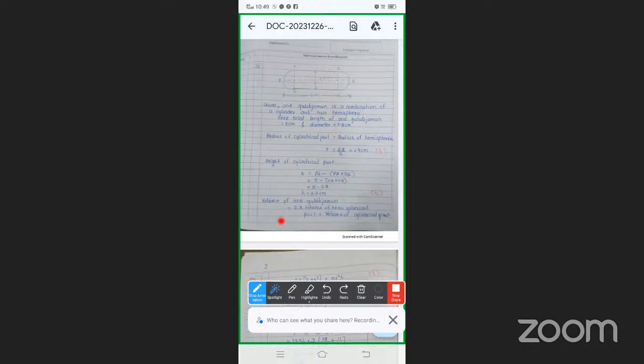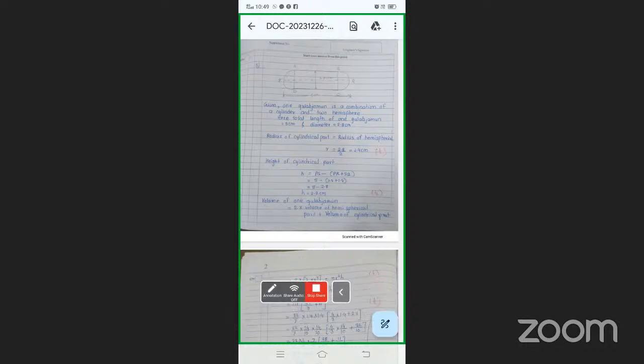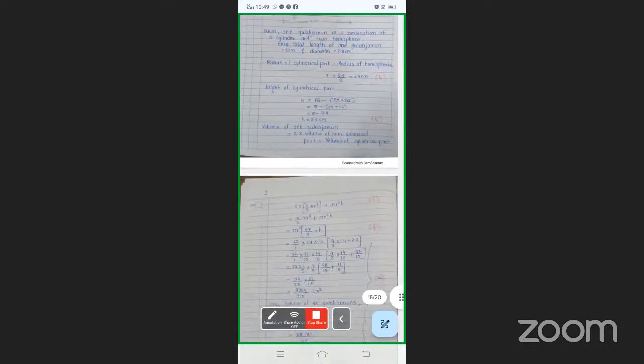Then we have to find the volume of one gulab jamun. Observe the diagram properly. That is 2 into the volume of a hemispherical part plus the volume of a cylindrical part. So the volume of one gulab jamun is 2 into the volume of a hemispherical part plus the volume of a cylindrical part.